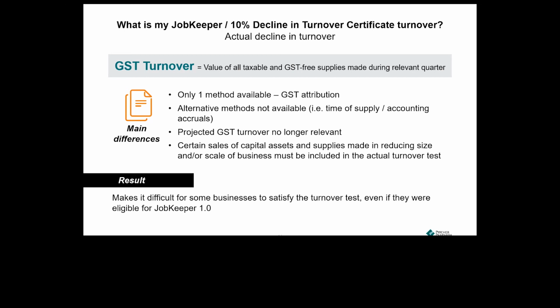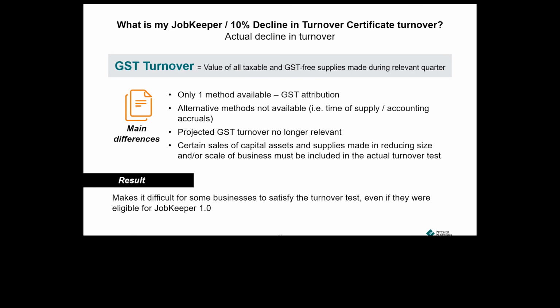But what the ATO did eventually publish under JobKeeper 1.0 was a ruling which effectively said that you could have a choice. So acknowledging that a strict time of supply basis was difficult and would be difficult for a number of employers to manage, the ATO set out two other methods that would be available to employers if they were applied in good faith.